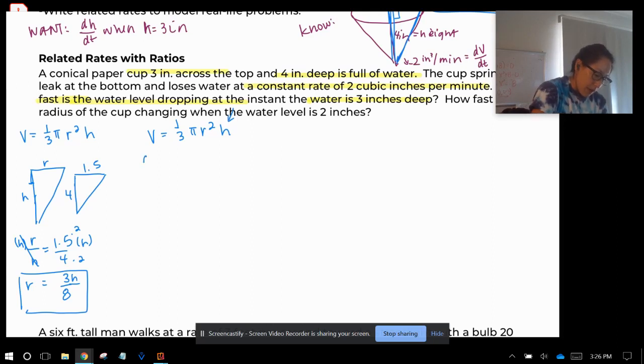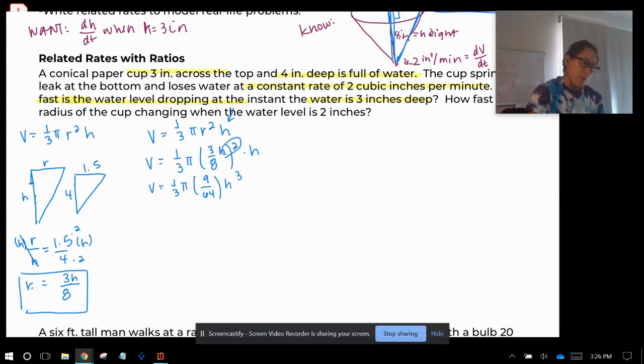So I'm going to write the volume is equal to 1/3 pi times, instead of r, my 3/8 h, and all of that squared times h. Simplify: 1/3 pi times 9/64, and then h squared times h will give me h cubed.